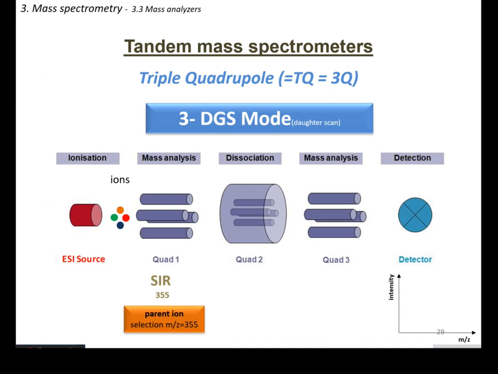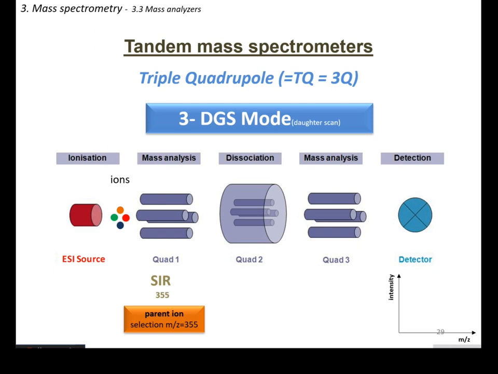In this case, the second quadrupole will be a collision cell. This is a part in which the molecule will be fragmented. So we have two mass analyzers, quad 1 and quad 3, and one dissociation cell or fragmentation cell. To make a daughter scan analysis, first quad number 1 on the left will be in single ion recording mode.